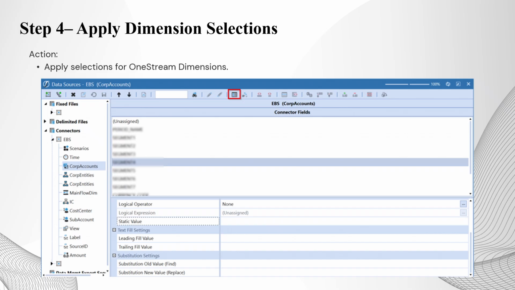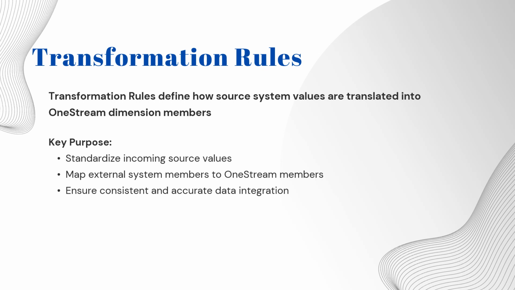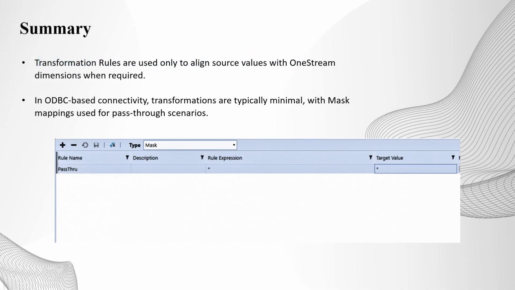Then apply selections for OneStream dimensions. Fields are assigned to the respective dimensions. Transformation rules are used only when the source values must be aligned to OneStream members. In most ODBC integrations, transformations are minimal, with mask mappings commonly used for pass-through scenarios.